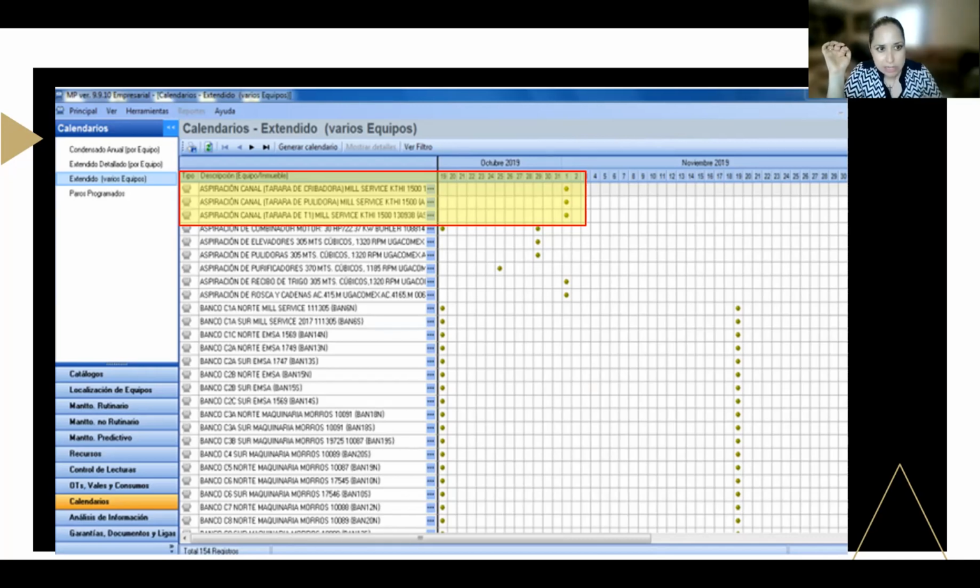I don't care about the rest. I don't care about the elevadores, pulidores, the bancos, no. We're only focusing on the canals. Now you see, you're my audience. You can focus on it because I'm highlighting it. Highlight. Do it.